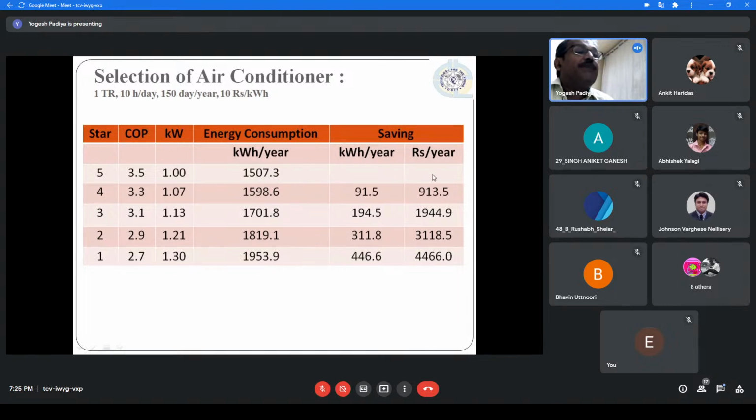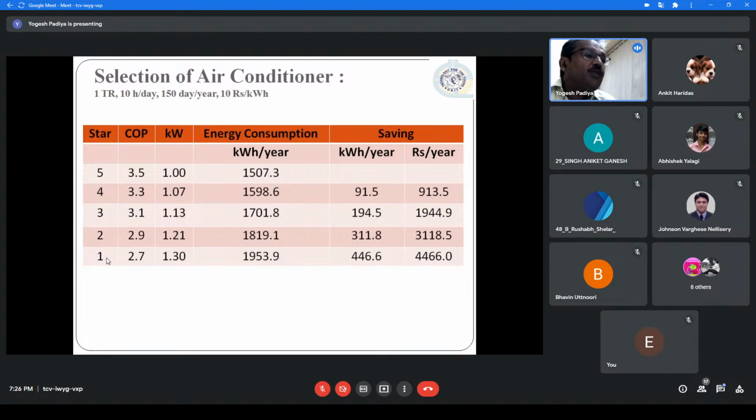So in this case, my power consumption will be minimum. Now, is the cost of this AC more than 4,000 rupees or less than 4,000 rupees? Suppose this AC is costing me 30,000 rupees, and this AC is costing you 25,000 rupees.